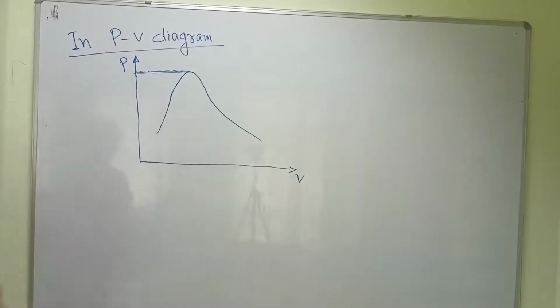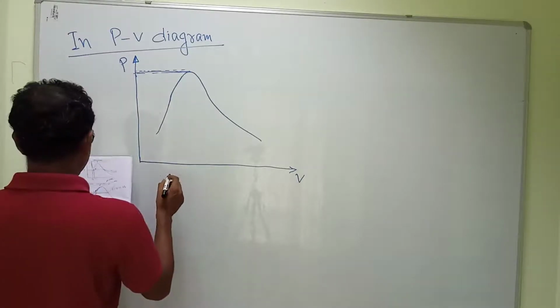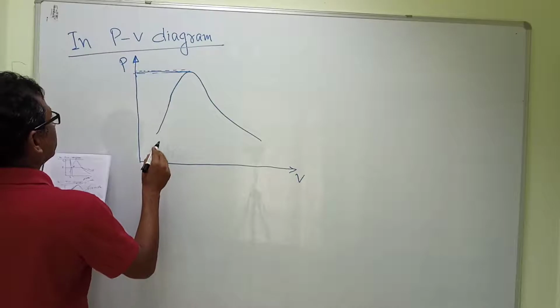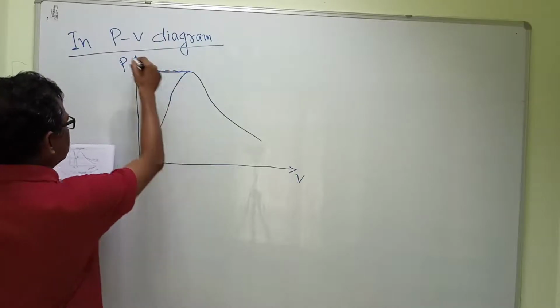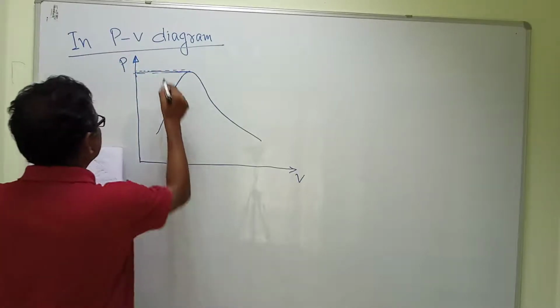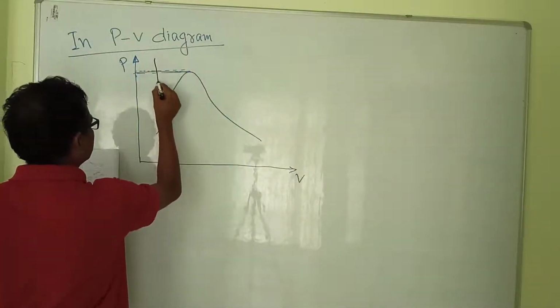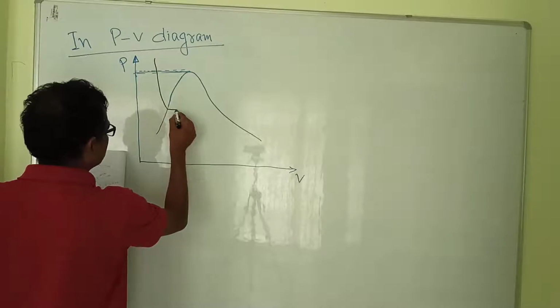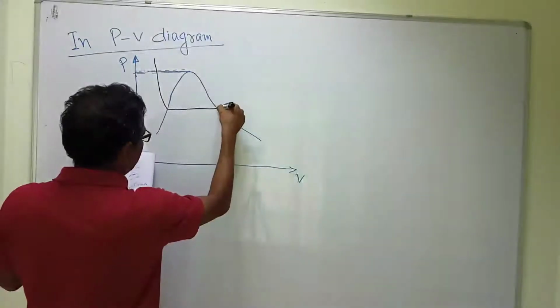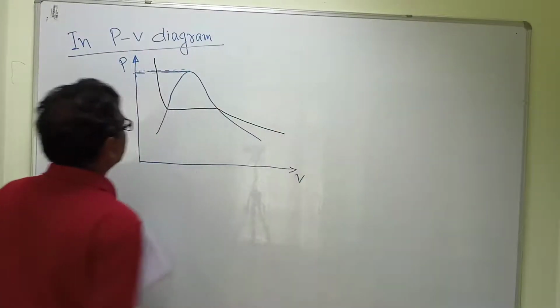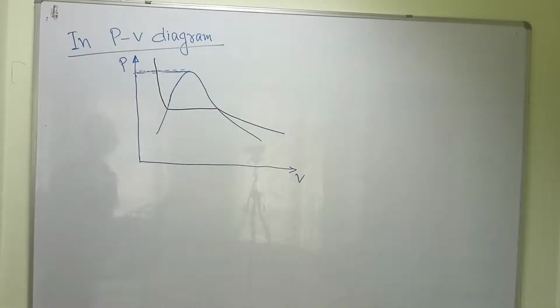So constant pressure line, how does that look? No, here we'll have a constant temperature line. So pressure is there, and the constant temperature line will go like this, and the black line shows constant temperature.